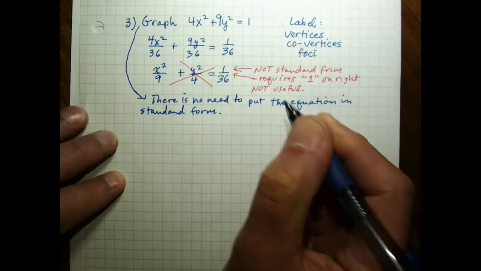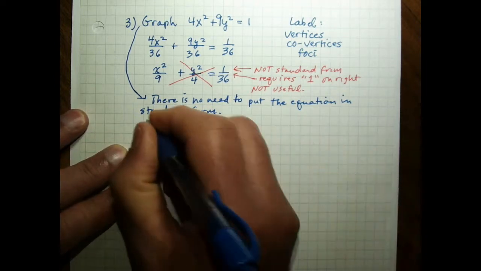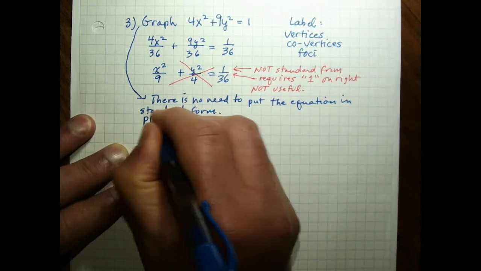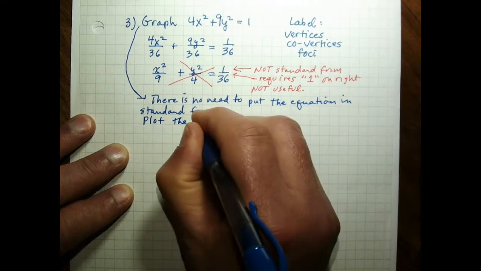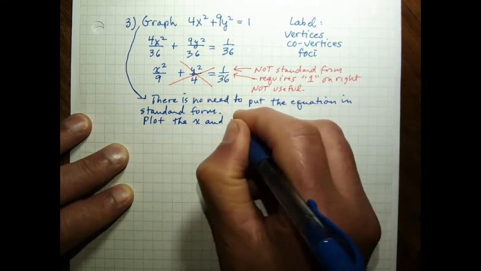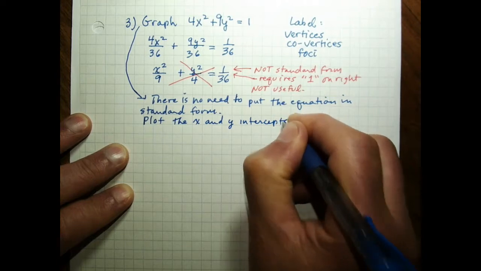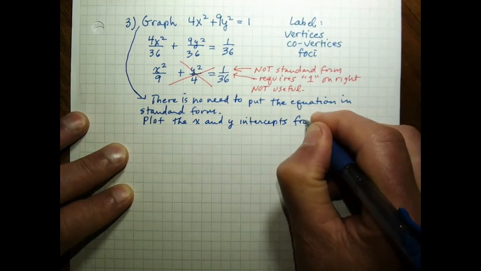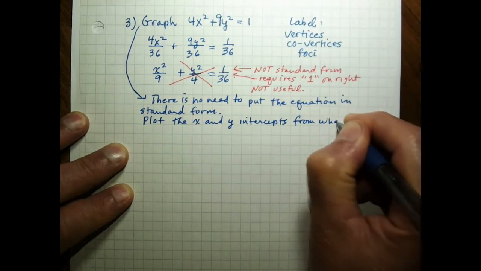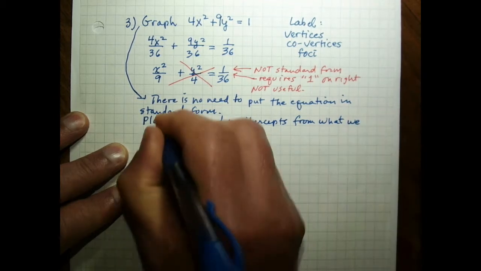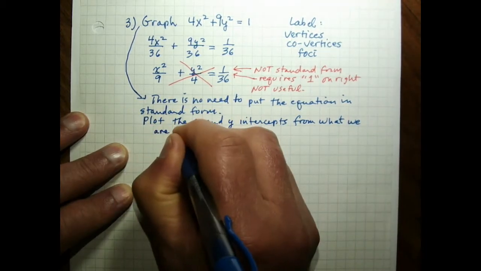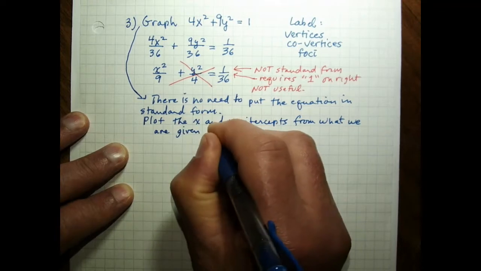What we can do is just plot the x and y intercepts from what we are given originally.